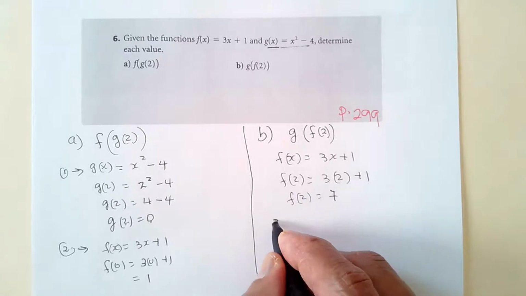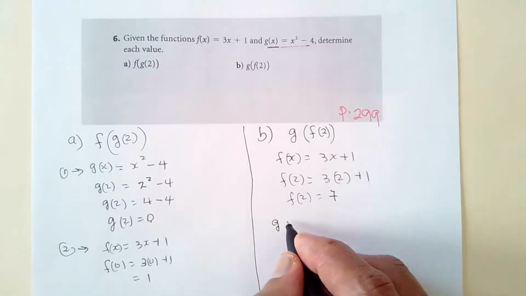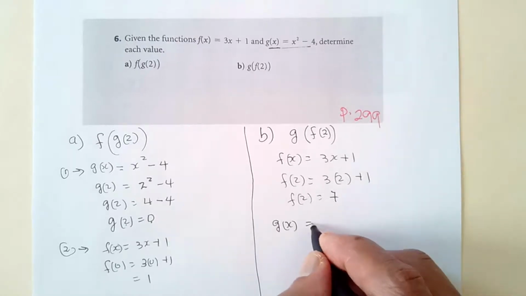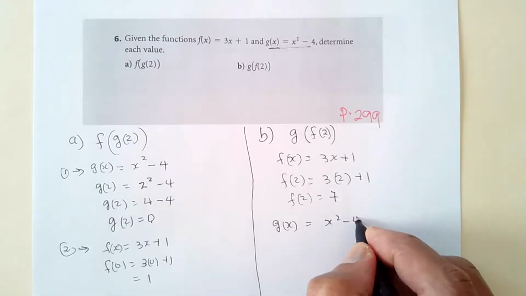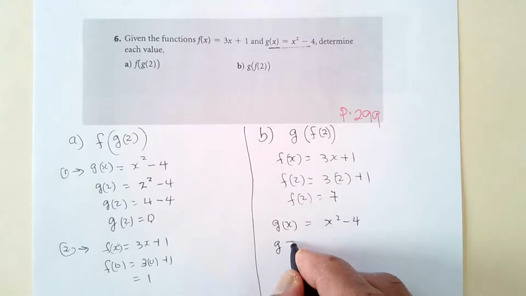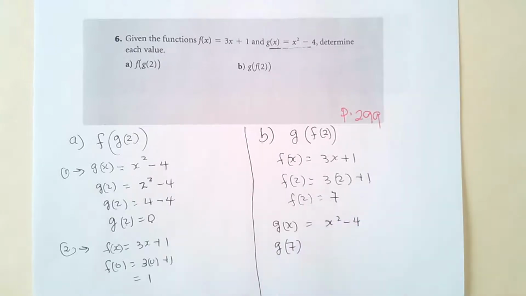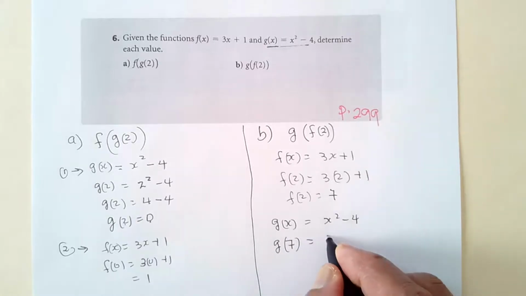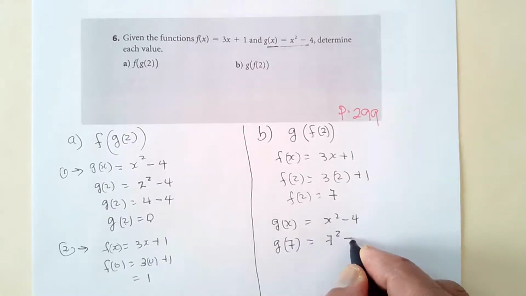Then we go to g of x, which is equal to x squared minus 4. So g now of 7, because let's replace it with 7. g of 7 is equal to 7 squared minus 4.